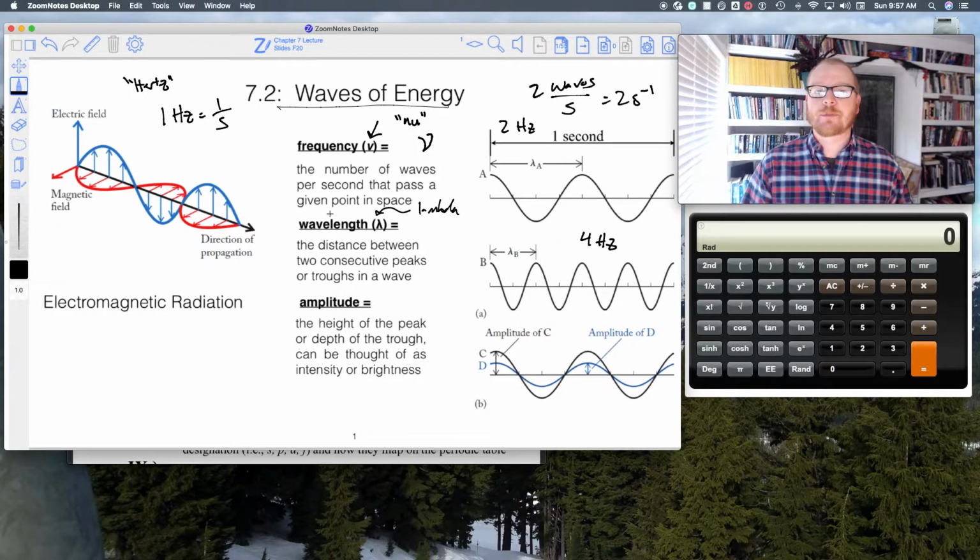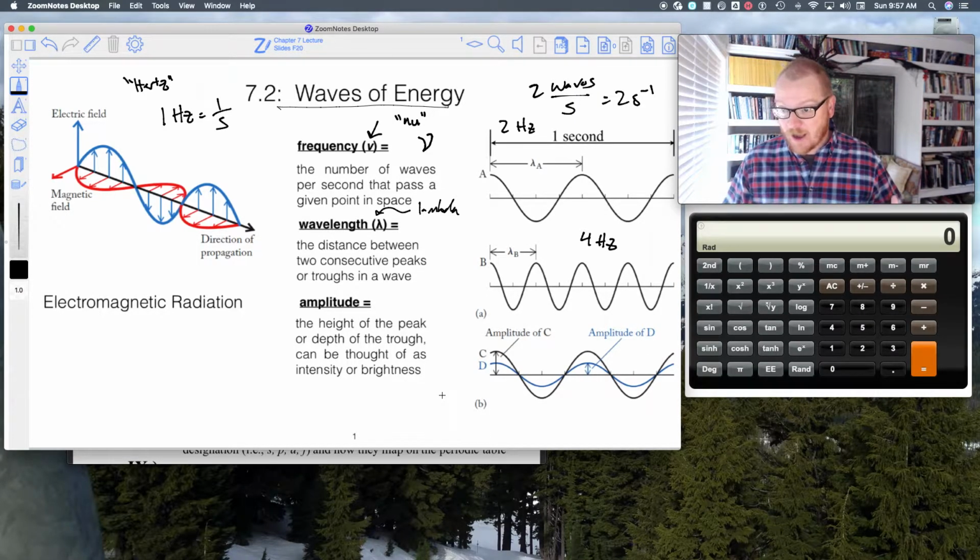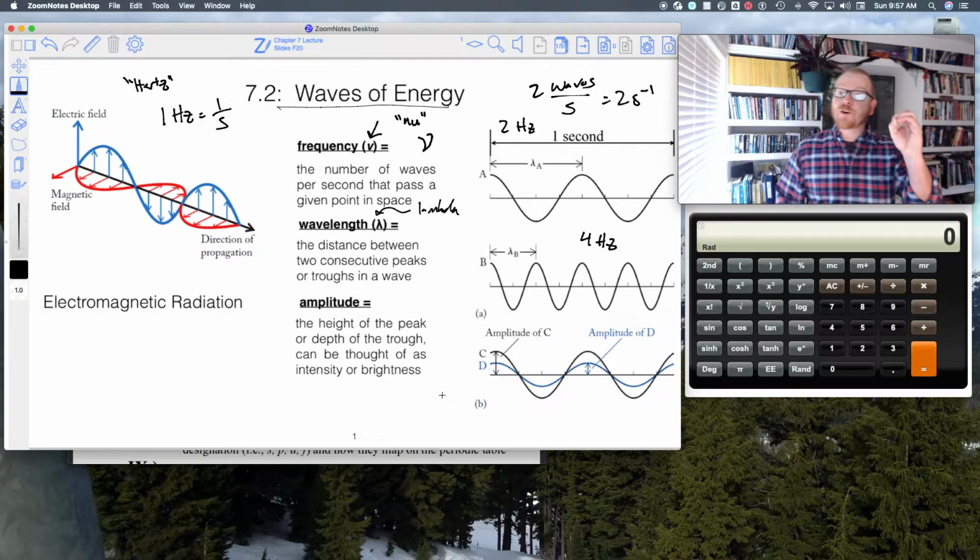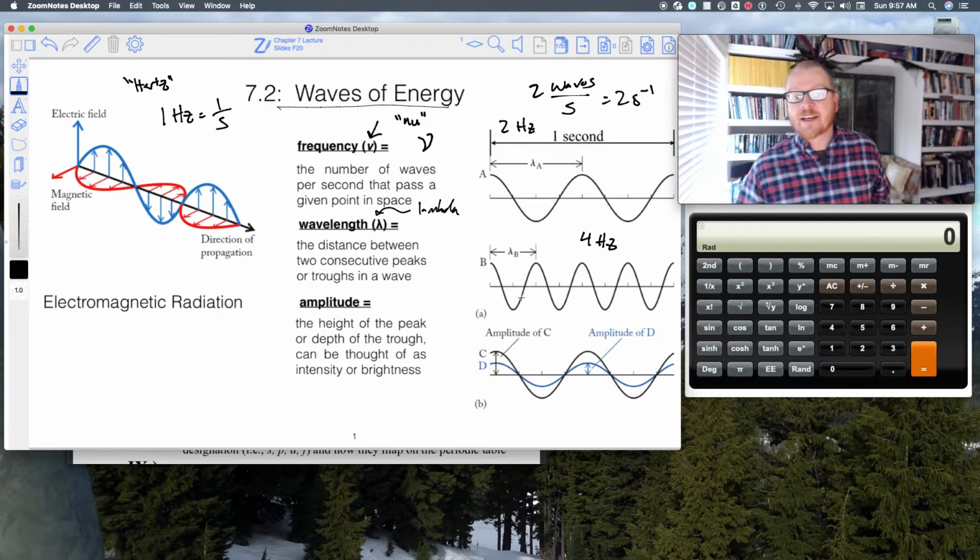So there's a relationship between frequency and wavelength that we'll see next. And now finally, amplitude, the height of the peak or the depth of the trough. So you can see the amplitude is indicated by that figure right there. And that tells us the intensity of light. So the brighter a spot of light is, the higher its amplitude.